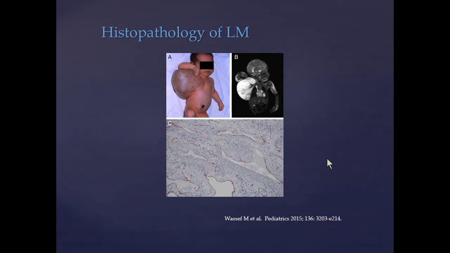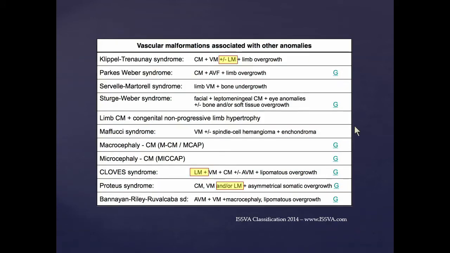I'm not going to spend time on these syndromes, but just to be thorough, lymphatic malformations do occur in association with other anomalies and may be a prominent feature of it. I really want to talk about the more simple lymphatic malformations in this talk.